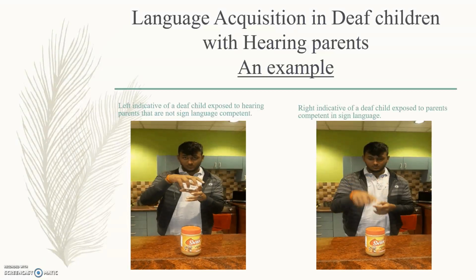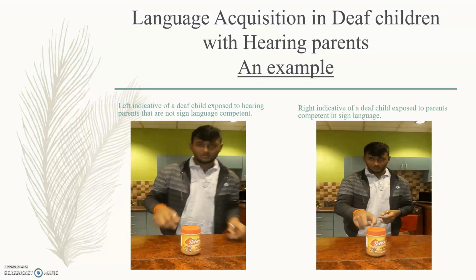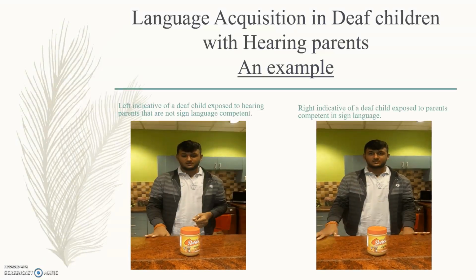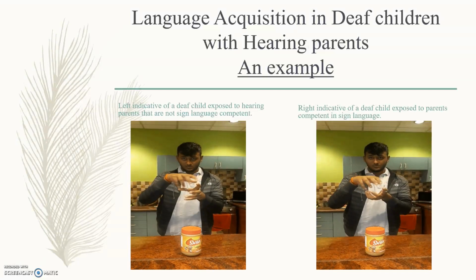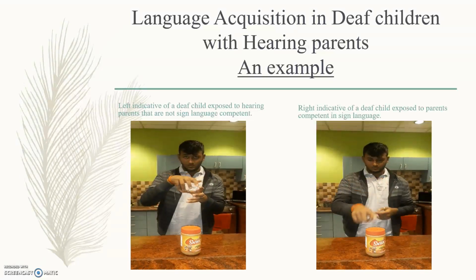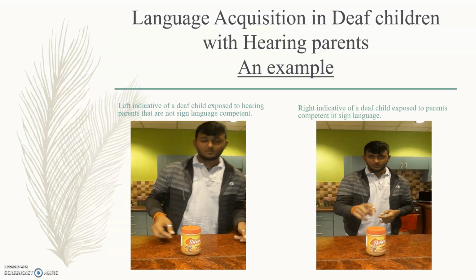So in this case, a child would want the jar open. So he signs first the object, then open. The right is indicative of a child that is exposed to parents competent in sign language. So the child would first give the sign for you, then the verb to open, and then sign the jar.